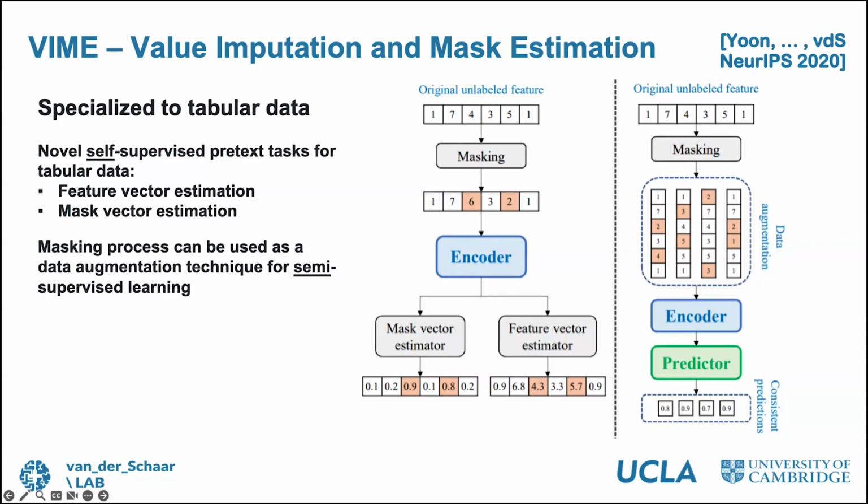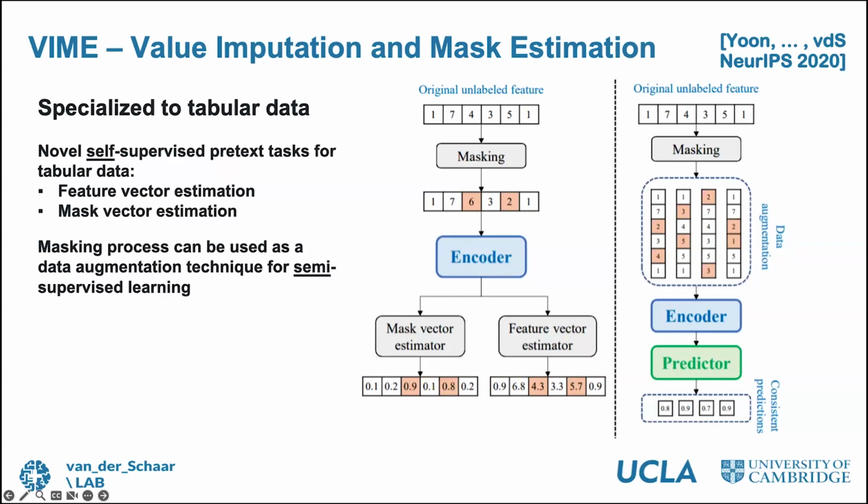And we then train an encoder network to be able to both predict which of these variables were masked and what the true underlying feature value should be. And this allows this encoder network to really understand the raw data on a deeper level.